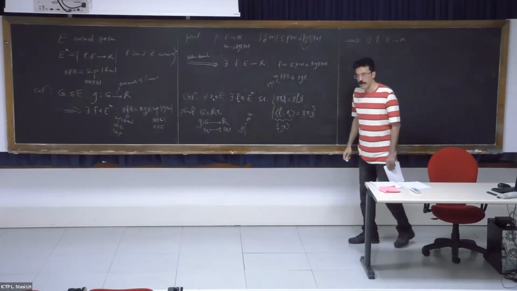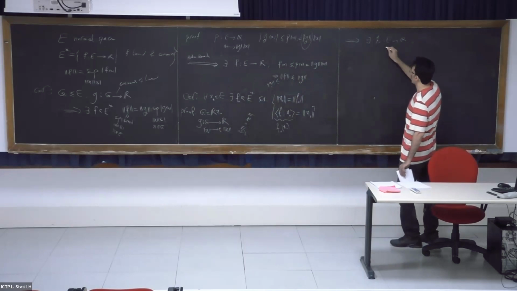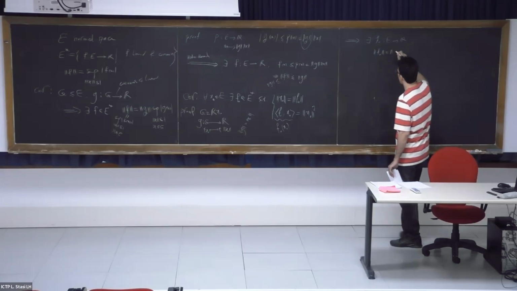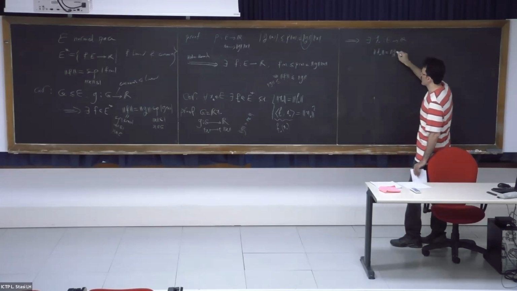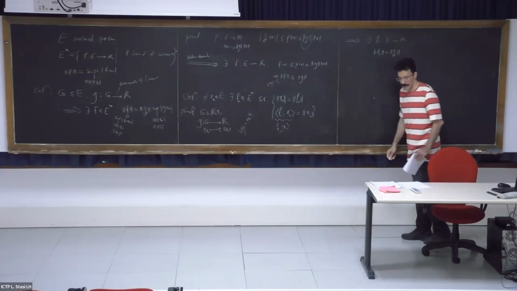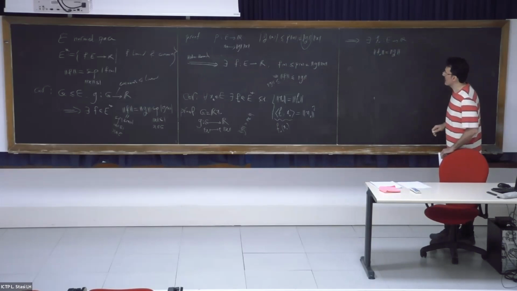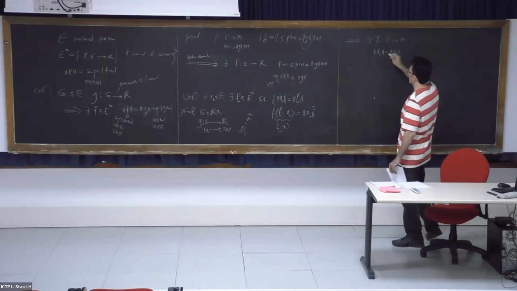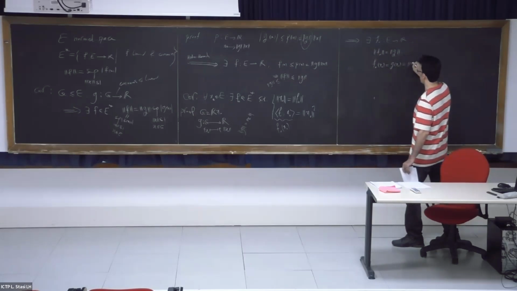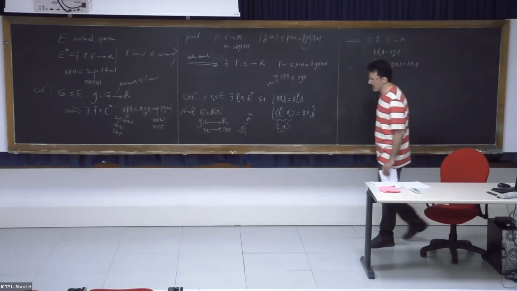By the previous corollary, there exists f0, which is an extension of G from all of E, with this property that the norm of f0 is the norm of G, and it is an extension, that is f0 of x0 equals the norm of x0.